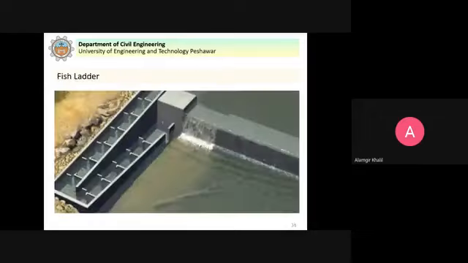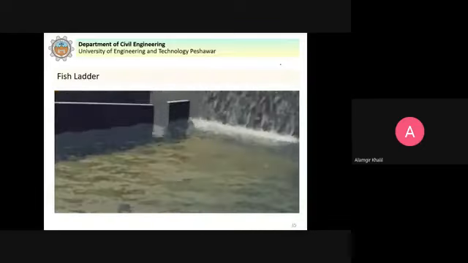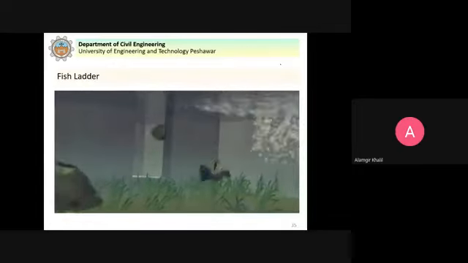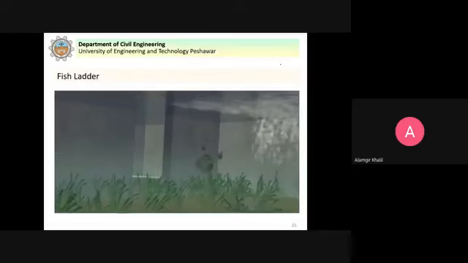Clear? Now here in this video you can watch. When we provide these hydraulic structures, we block the passage of the fish. So these fish ladders are provided for migration of fish.